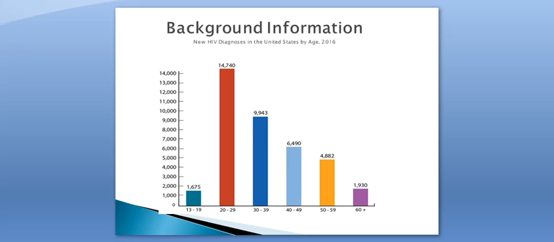So one of the methods that I think is going to be best to try to combat this is instilling safe sex methods and lessons and education starting as early as late elementary school, early middle school.